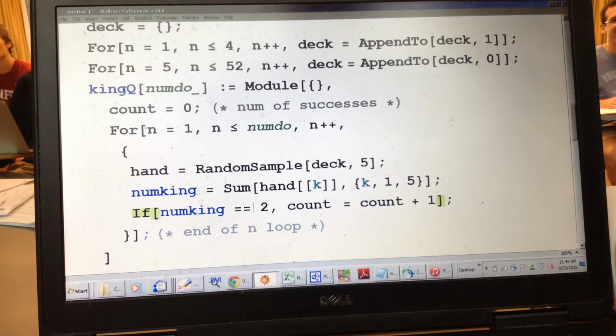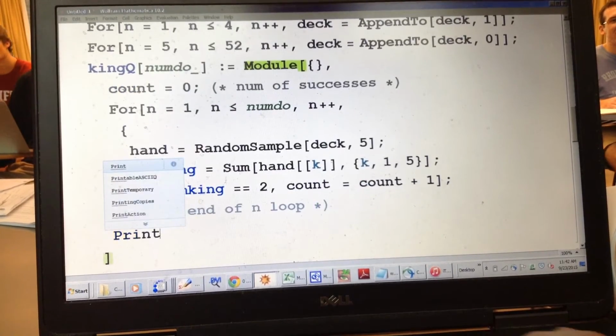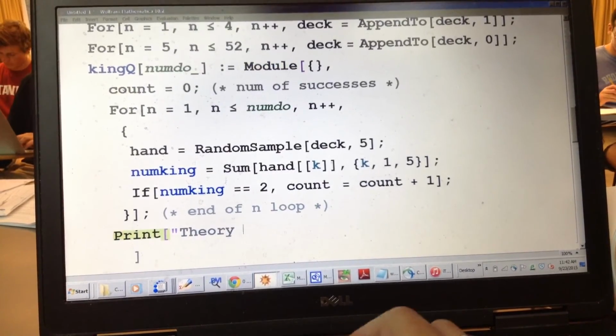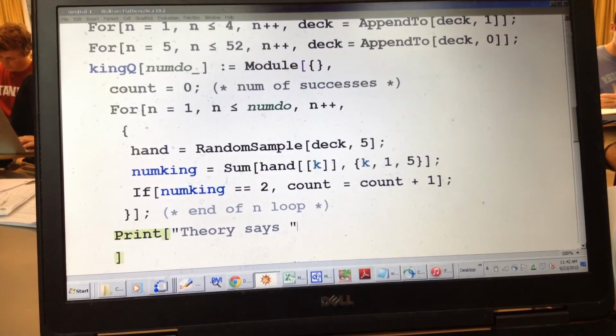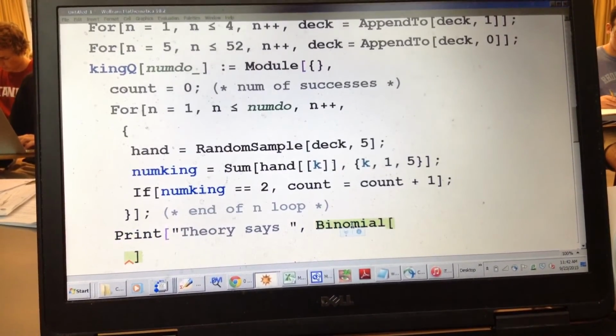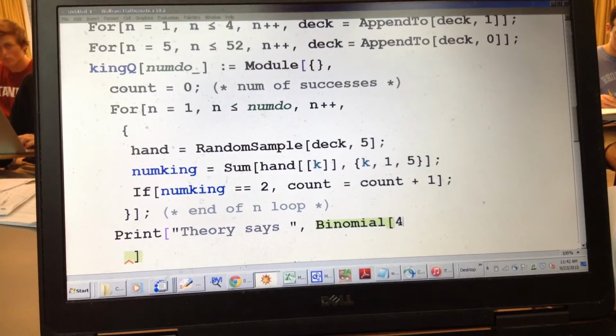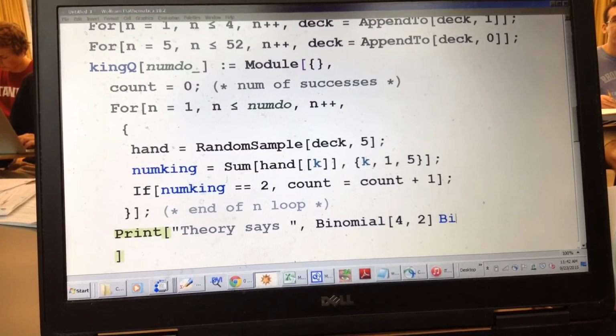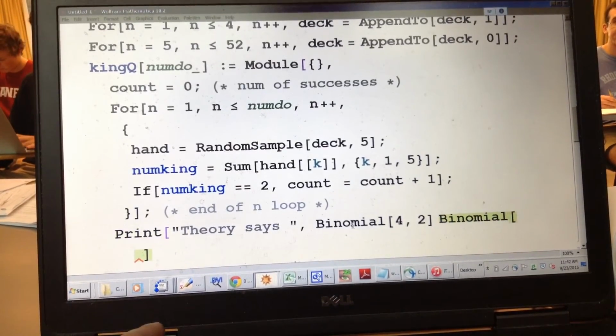All right, now we're ready to compare our answer. So print, theory says, and then it should be binomial. We had 4 choose 2 kings, binomial 4 choose 2. Then we had 48 cards, and we had to choose 3, right?